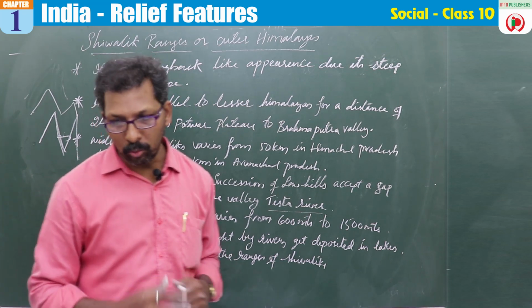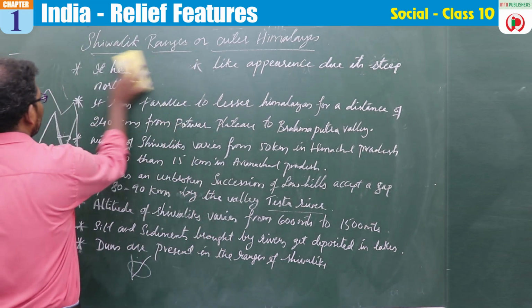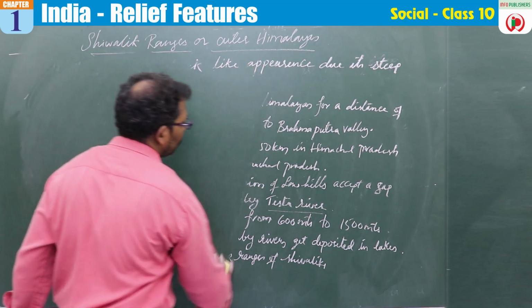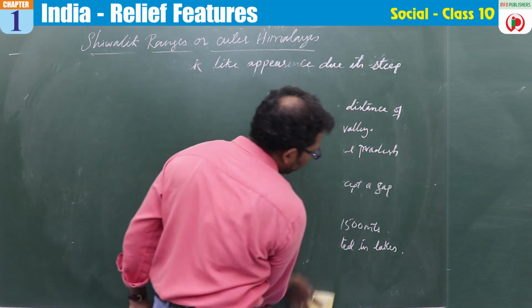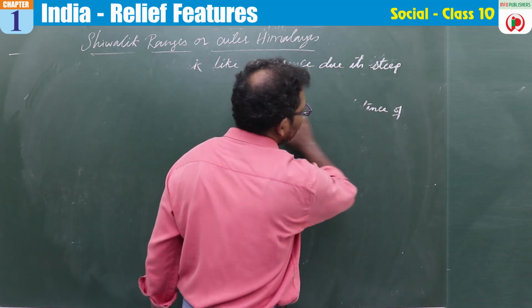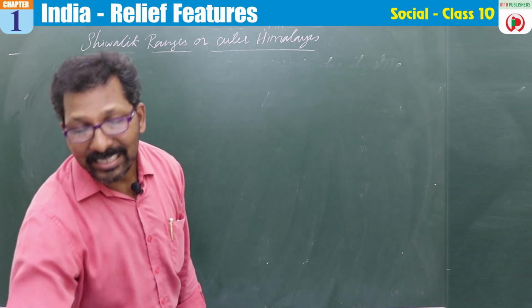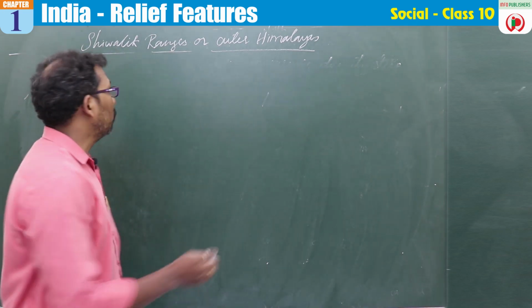What are the examples of dunes? I'll give you some examples. The examples of dunes are Dehradun, Kotli Dun, Patli Dun. So these are some of the examples of the dunes here.